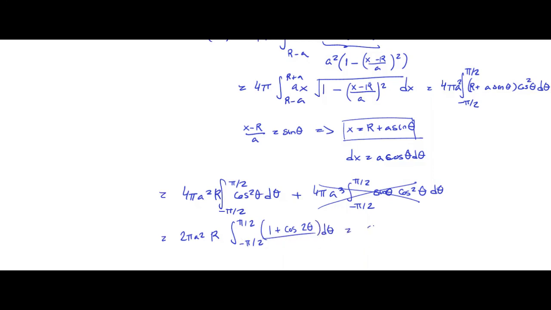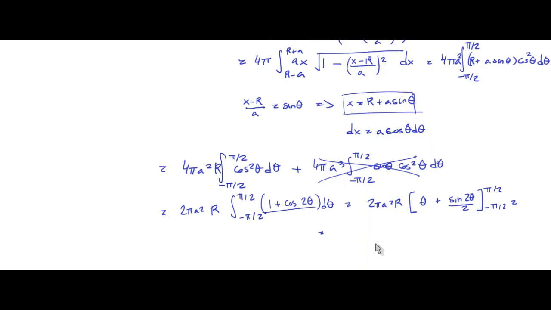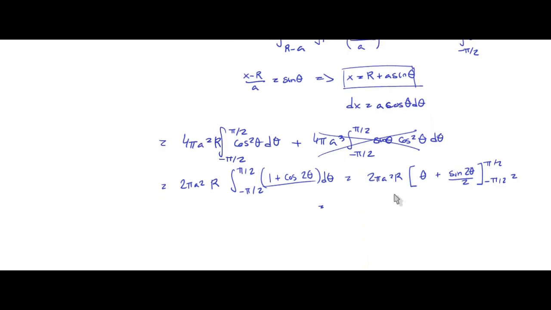Now the integral of this is easy enough. This is theta plus the sine of 2 theta divided by 2, from minus pi over 2 to pi over 2, right? So let me see. This is 2 pi a squared r.